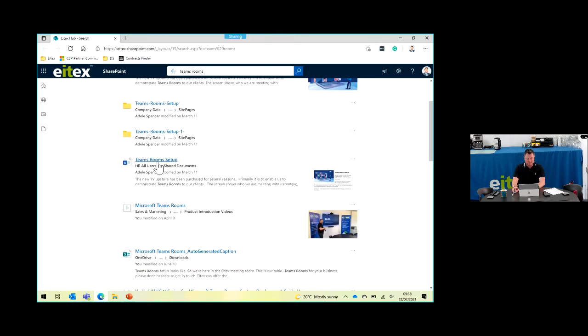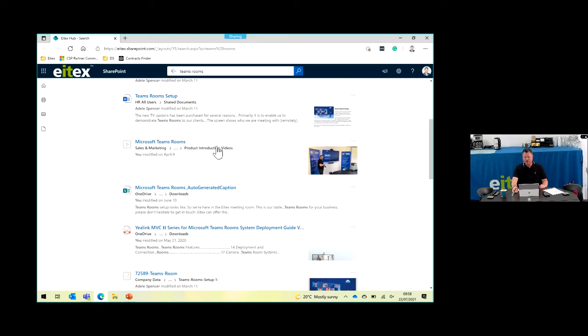We've got Teams Rooms setup documents. So for our engineers, we might get a Teams Rooms job for one of our clients, and one of our teams of engineers might not have done the Teams Room, so they can familiarize themselves with the setup, so they can look at the setup document. We've got an introductory video there, where we did a video of Teams Rooms and looked around the meeting room and explained it all and things like that.